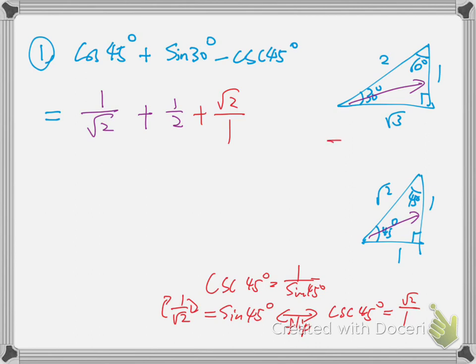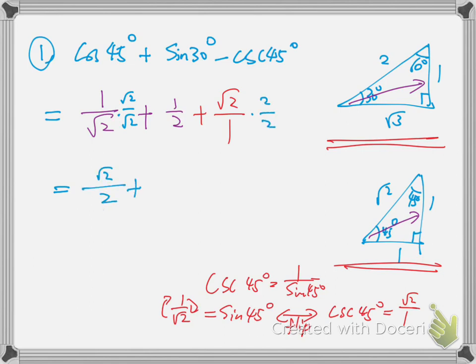So I need to see the pictures, and then I need to see the ratios. Now the next step is optional. You can change them to common denominator 2. This multiplied by radical 2, this multiplied by 2 and 2. So this is radical 2 over 2 plus 1 over 2. Oh, sorry, the last one is minus here.